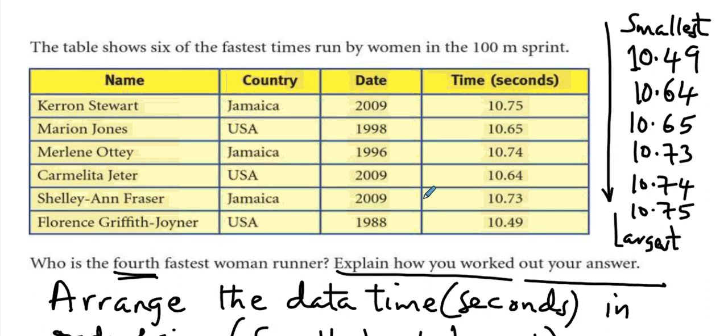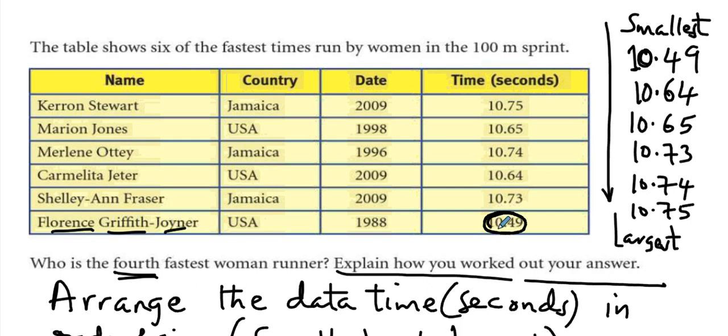That means, see, this woman here spent, which woman is this? 10.49. 10.49 is Florence Griffith Joyner. This woman here took the smallest time.